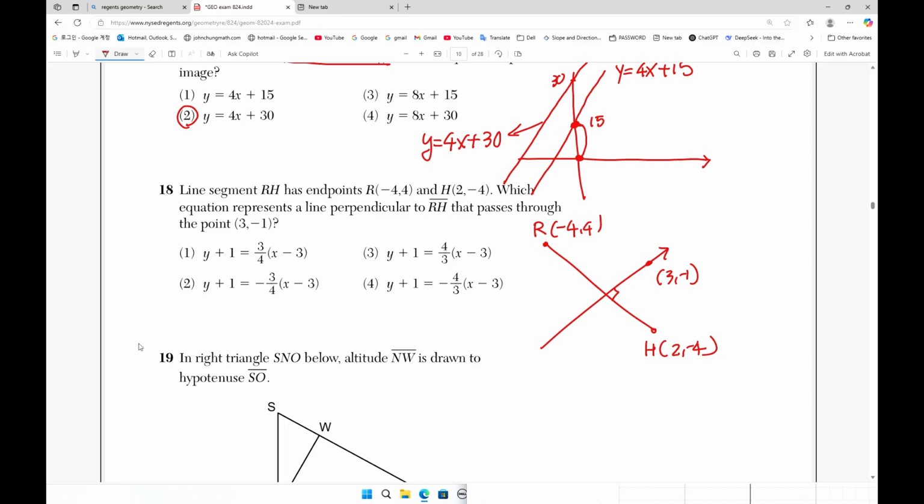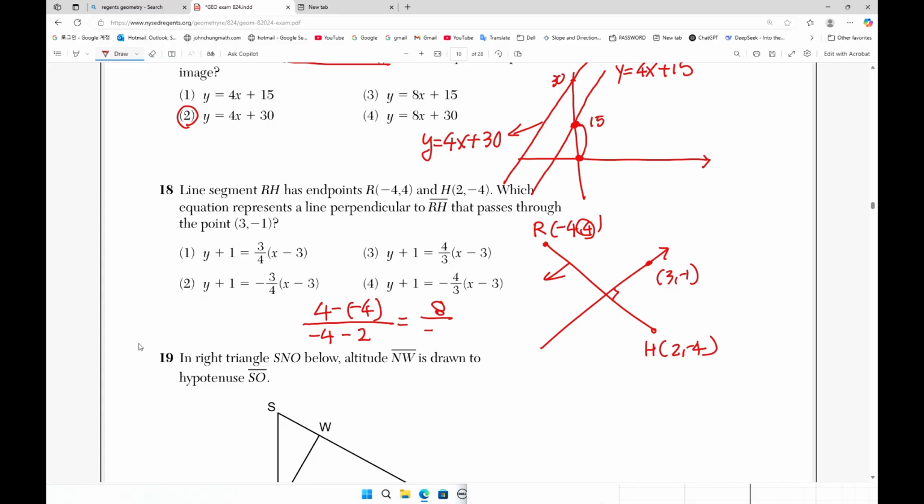Perpendicular is what? The slope is the negative reciprocal of the other line, RH. What's the slope of this line? y2 minus y1 over x2 minus x1. 8 over negative 6, right?